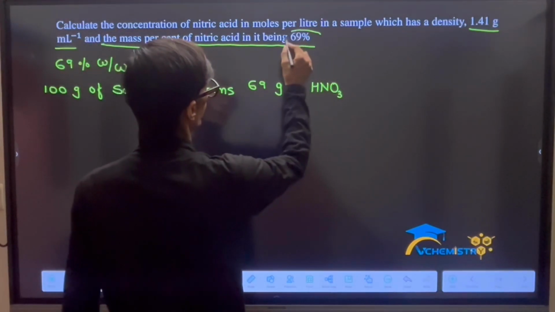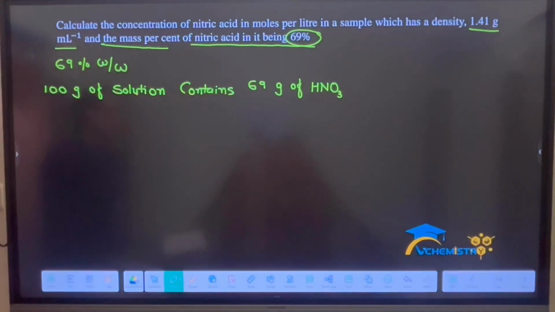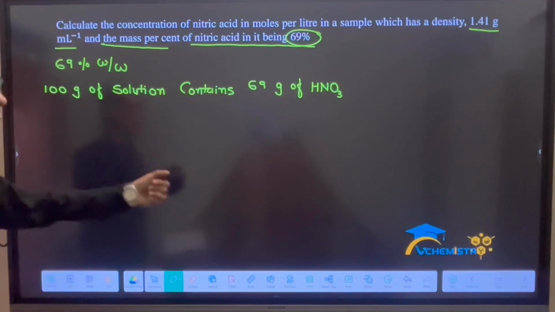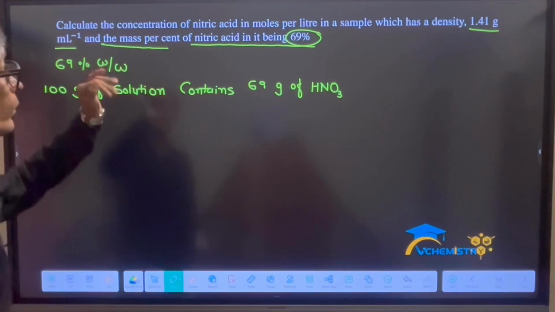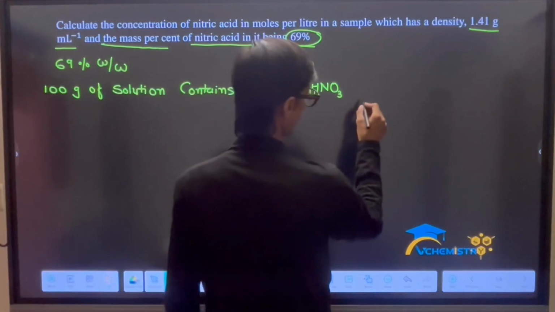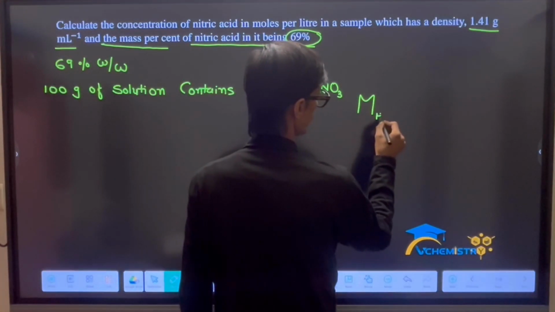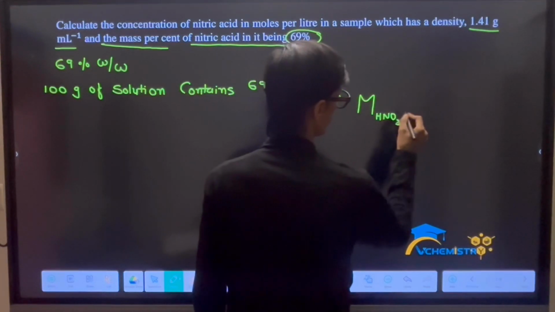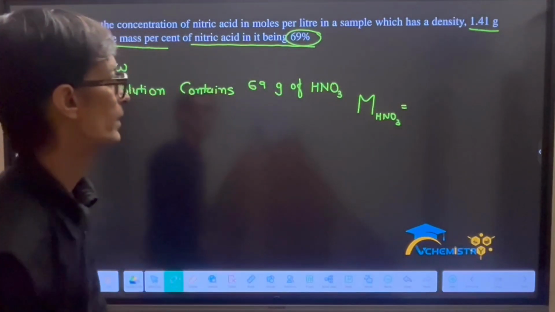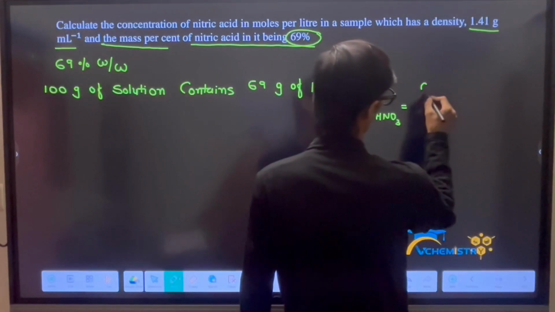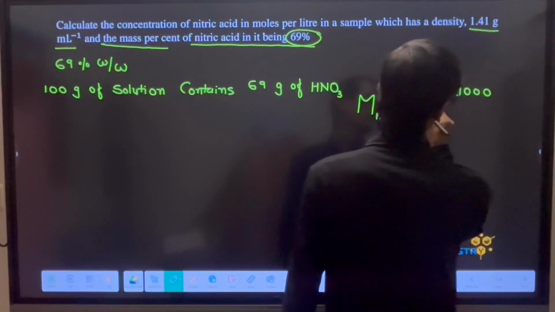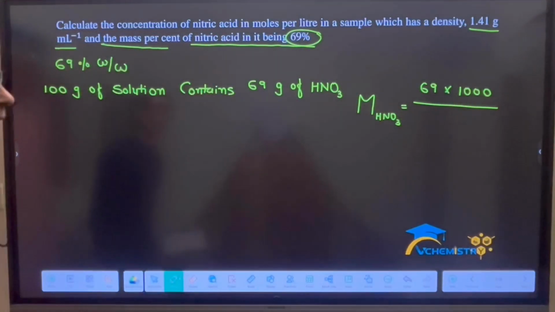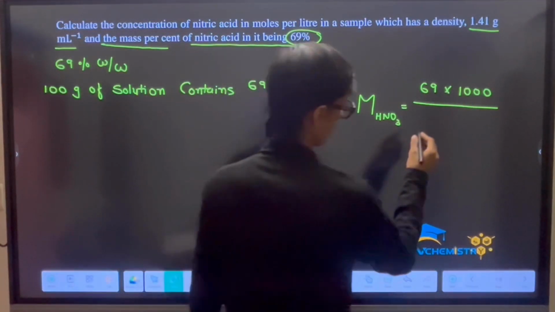This is the meaning of this 69% W by W. So you have a mass of solution, you have a mass of solute. We want to calculate the concentration, that means molarity of HNO3. So you know the formula: required mass of HNO3 69 into 1000 divided by molecular mass of HNO3, 63.